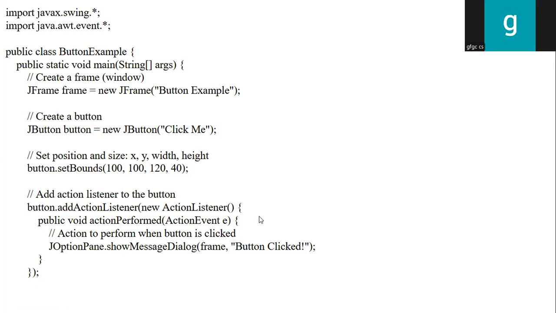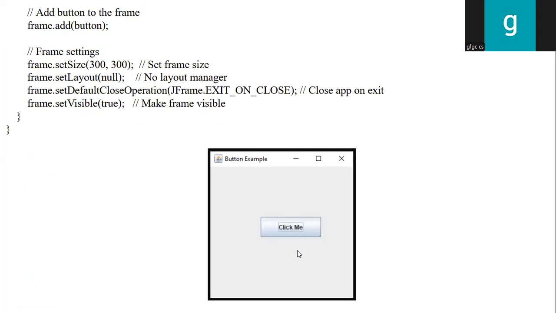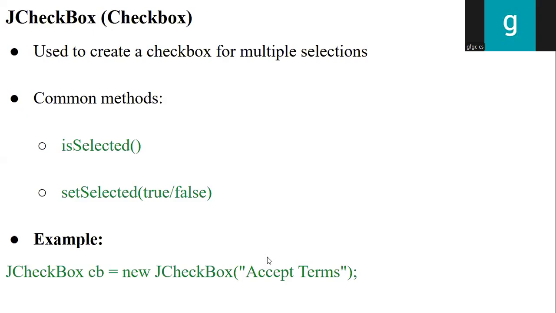That particular frame should show the message like button clicked. Here is the output. This is the button example frame. I have created the button called Click me. When I click on this button, the message will appear here. The message says button has been clicked.